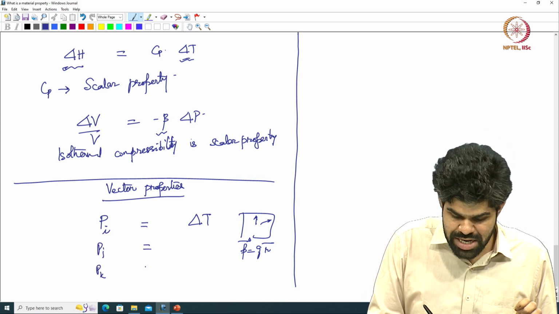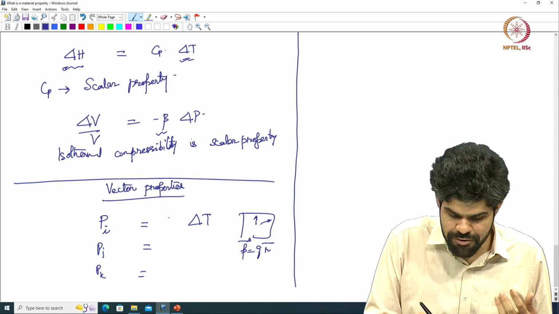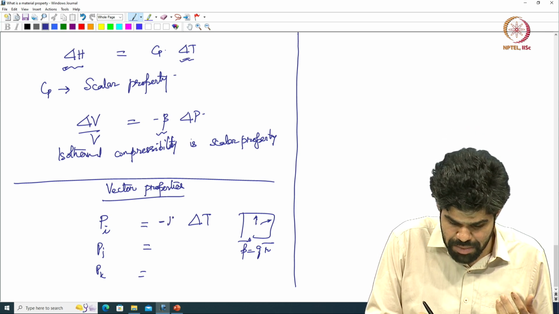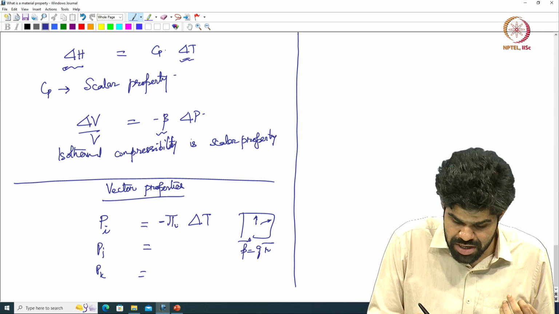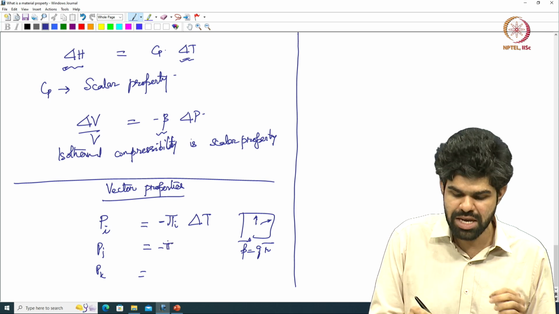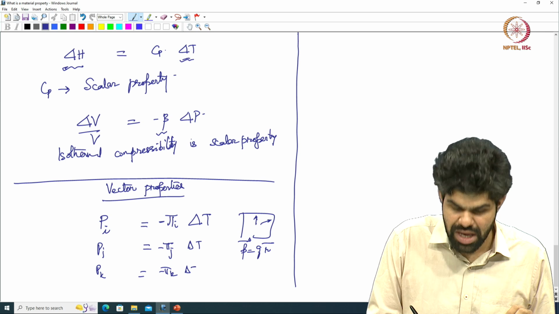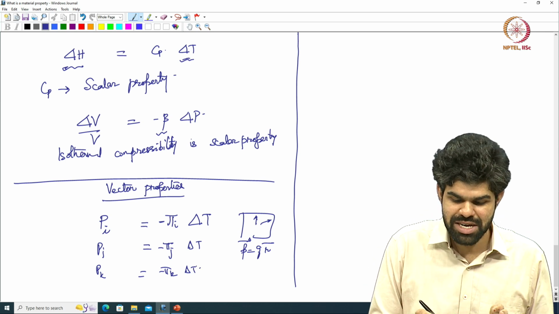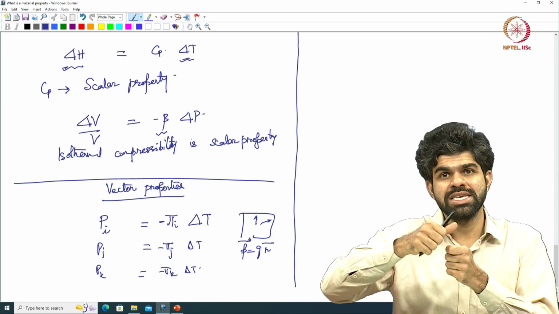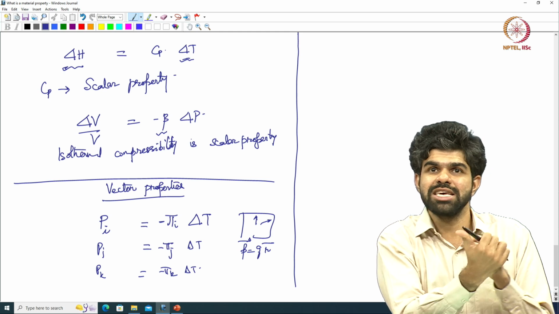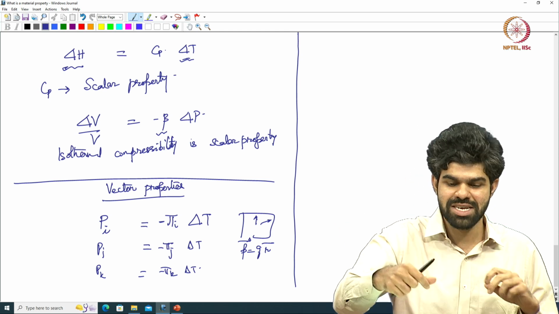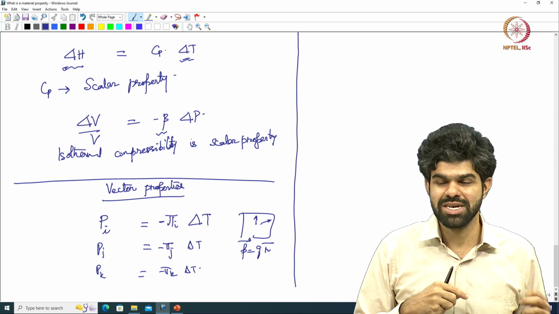As a result, what relates these two is what is called the pyroelectric coefficient. The pyroelectric coefficient also turns out to be a vector, so pi i, pi j, pi k. It is not necessary that the amount of polarization I generate in the x direction is exactly the same as the amount I generate in the y direction or in the z direction.